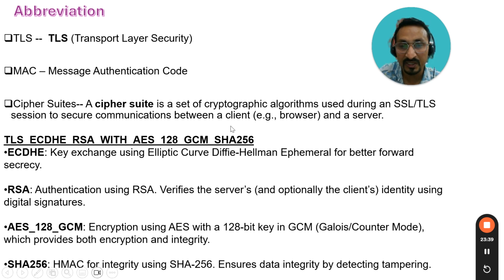SHA 256 indicates HMAC for integrity. What is HMAC? HMAC is basically hash-based message authentication code. I will come to the detail of what a message authentication code is.